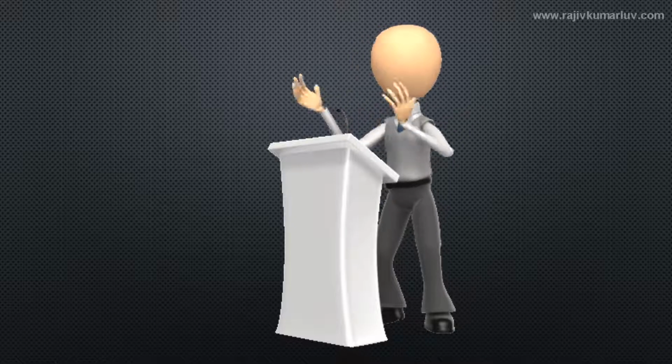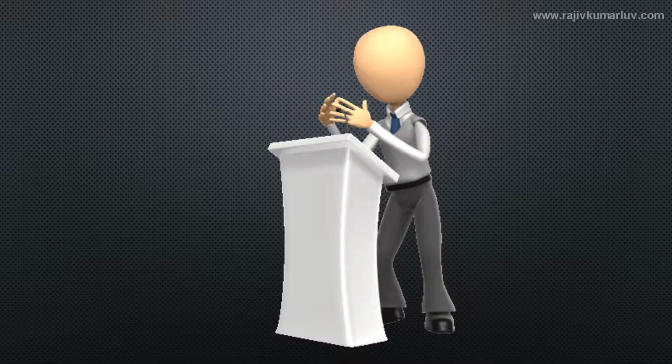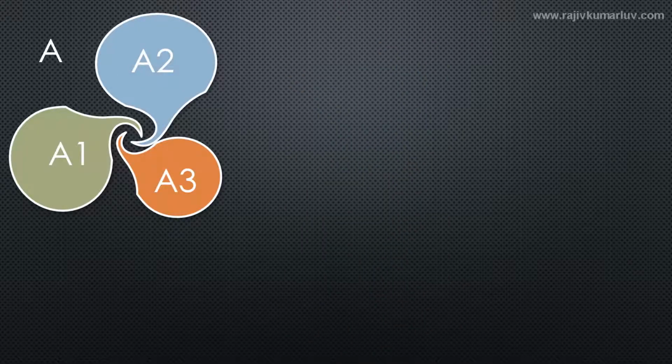Imagine your speech is like giving your audience a tour of a cluster of islands. You start with the first cluster A, which has about 3 small islands, A1, A2, A3.